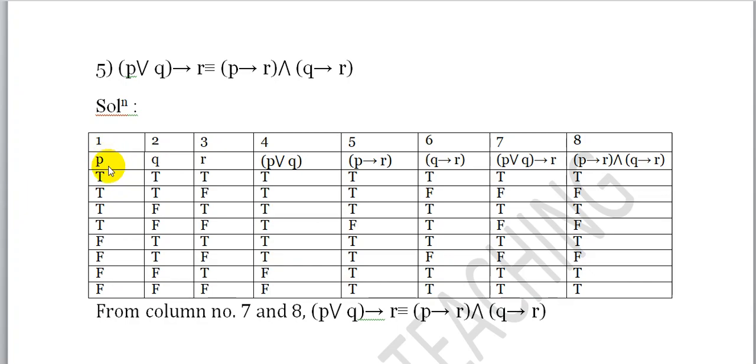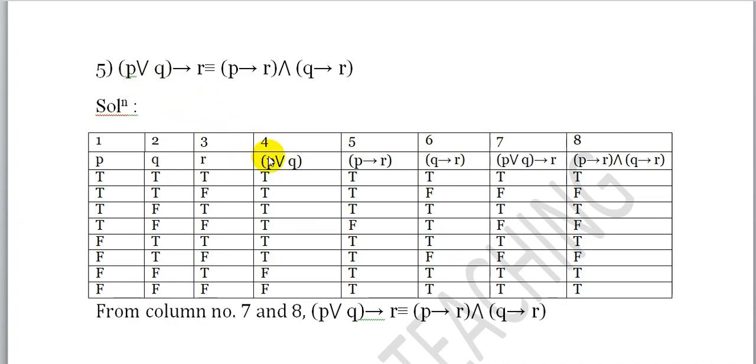For these three statements, you know very well. For the statement P, you have to write 4 times T, 4 times F. And second, double T, double F, double T, double F. For third column, that is R, TF, TF, TF, TF. Okay, these are the three basic columns for statements P, Q, R. After that, we need the P or Q column.